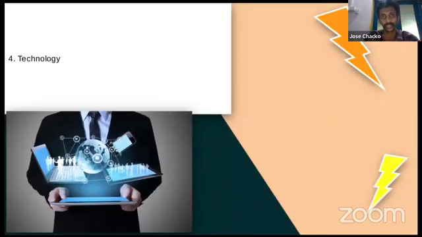And as we are all in the 21st century, we need to integrate technology into our classrooms. I'm not that technologically oriented a person, and I don't have much idea regarding the various apps that we can use. But still, we can all use some basic things like these slides.